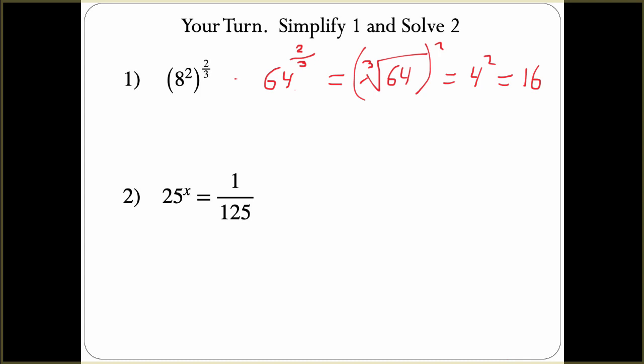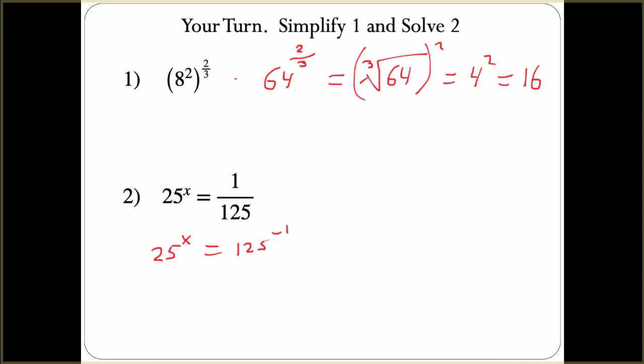For the bottom one, this one's a little tricky also. We have 25 raised to the x. And this is 125 in the denominator, but we could move it to the numerator and get 125 raised to the negative first power. Then we want to get the same base. So we have 25 to the x and 125 to the negative first. Well, 25 multiplied by itself is going to get to 625.